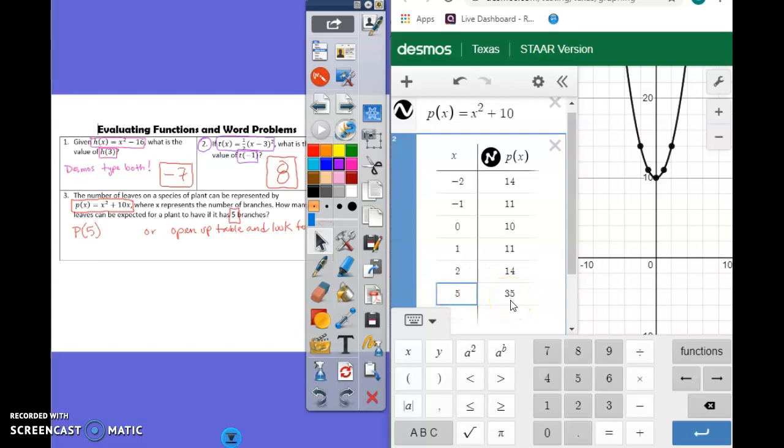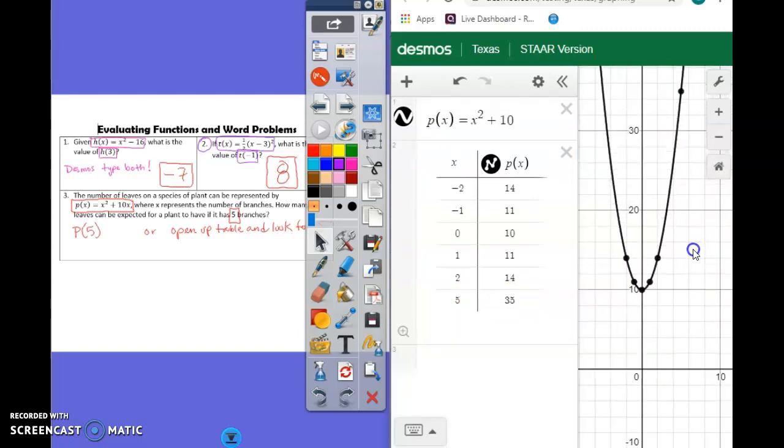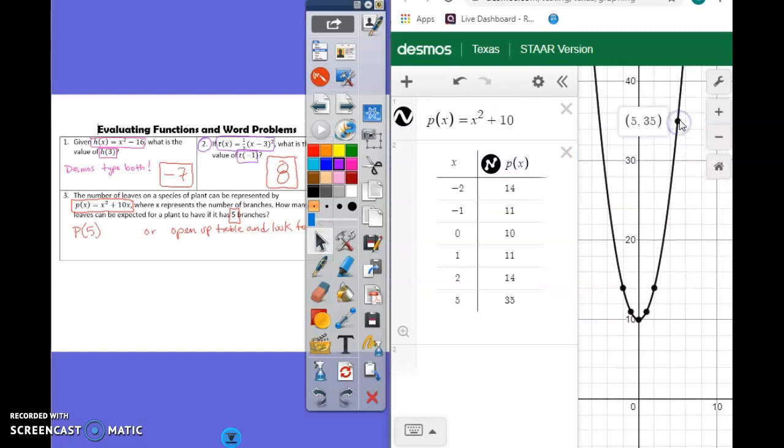Okay? And you can also go find that number on here once you type it. So that's how we're going to do the other problems. So let's type our answer here first. 5 gives me 35 in the table, X and Y. Right? So my answer is the 35.